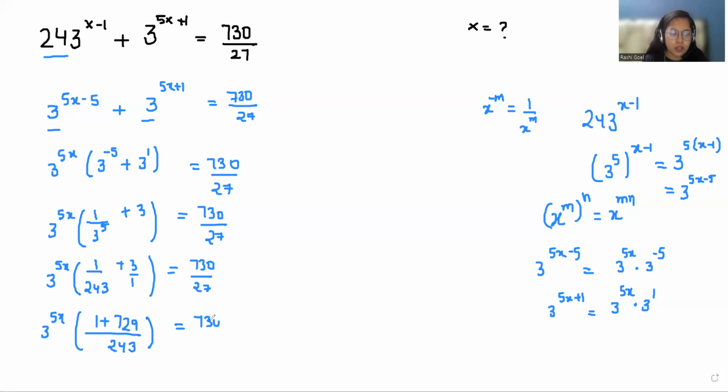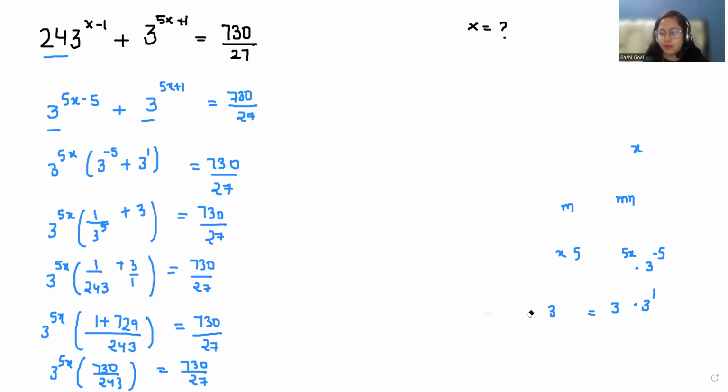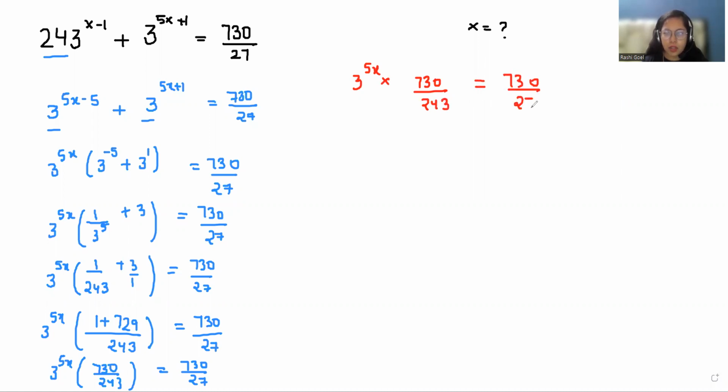So 3^(5x) times 730/243 is equals to 730/27. Now, I'll erase this portion to make the space.